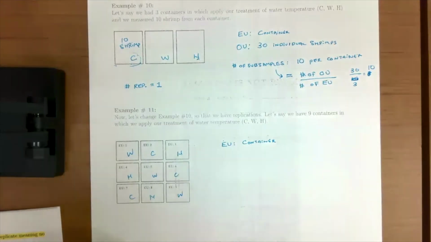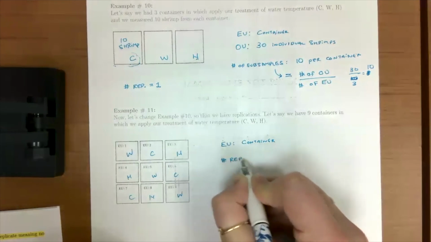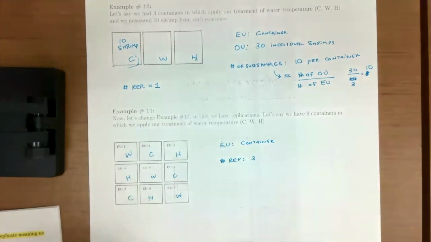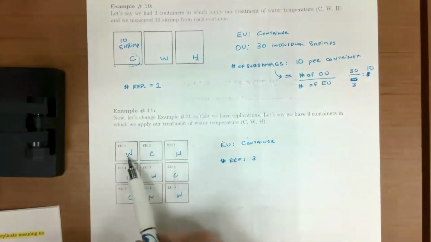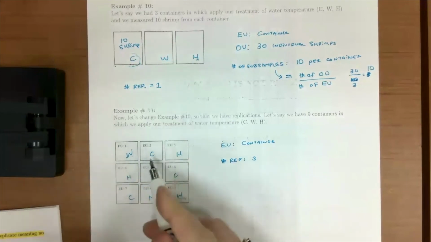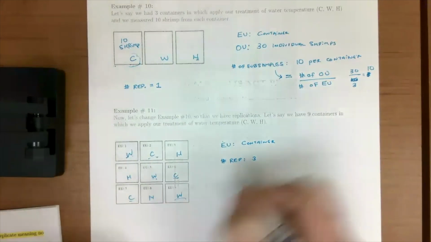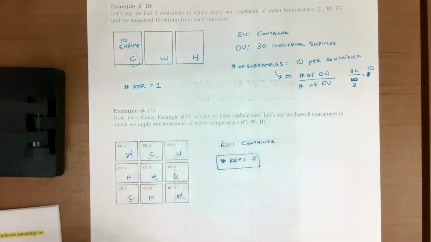Our number of reps will be 3, because for the treatment of warm we have 3 experimental units, and for the treatment of cold we have 3 experimental units. Thus we have 3 reps.